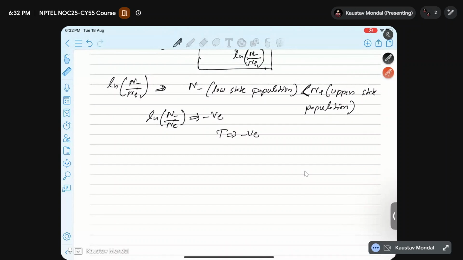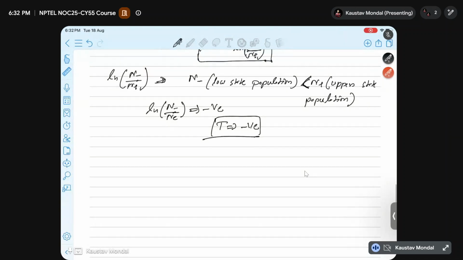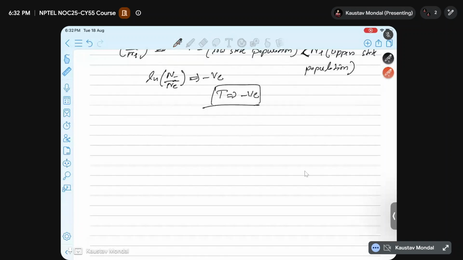So this is a theoretical concept by which you can get the negative temperature of a system. There are some properties of a system at negative temperature.